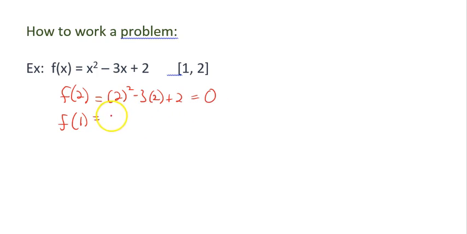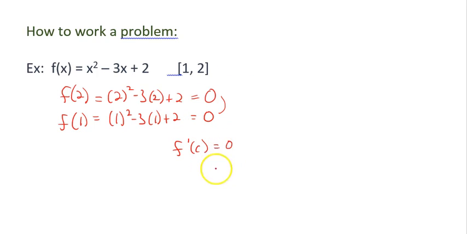And then if I plug 1 in, 1 squared minus 3 times 1 plus 2 is also 0. It doesn't matter what that number is, just the fact that they're the same. And that's what makes this Rolle's theorem. So it's just easier now. I can just do f prime of c equal to 0 to find that c, because the slope between those two will be 0.